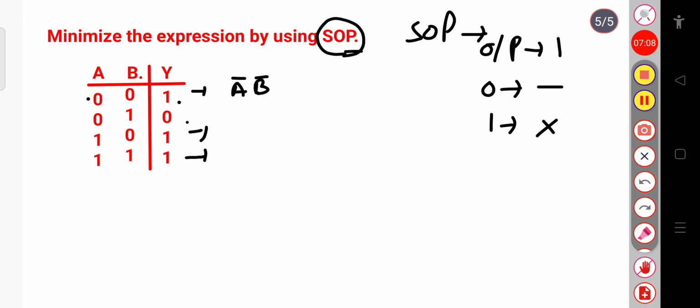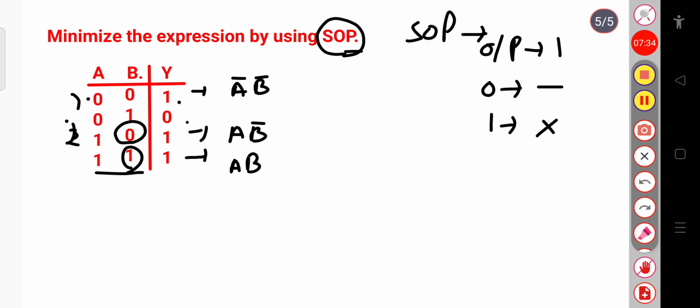Then this is my second term actually, A 1 B 0. So, for 1 we have to write simply A, and for B 0 we have to write B bar, and again for this term, for A this will be A, and for B since it is 1, we have to write B.